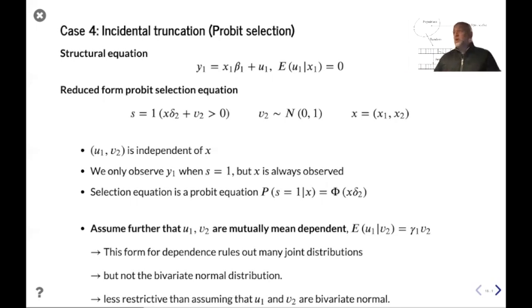Since we're not making that assumption, our identification strategy is robust to violations of these distributional assumptions, just as long as the conditional mean of U1 given V2 has this linear form. So that's less restrictive than just assuming that these two variables are bivariate normal.